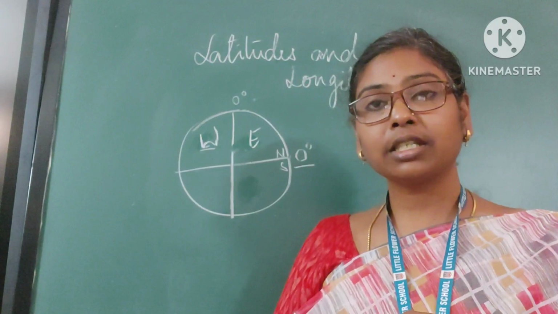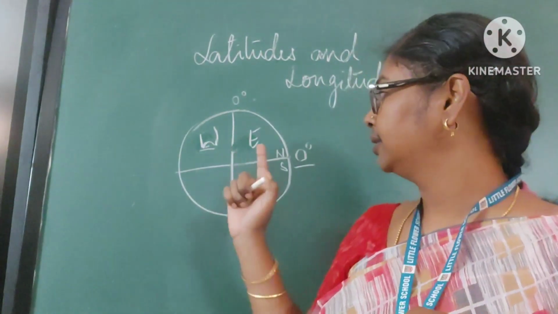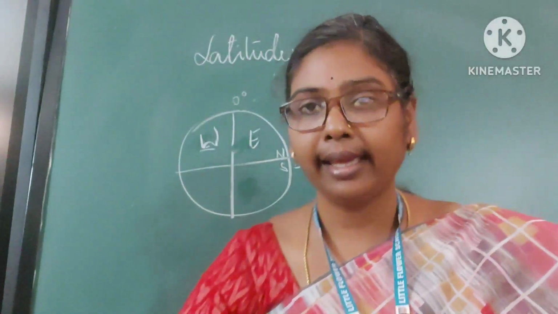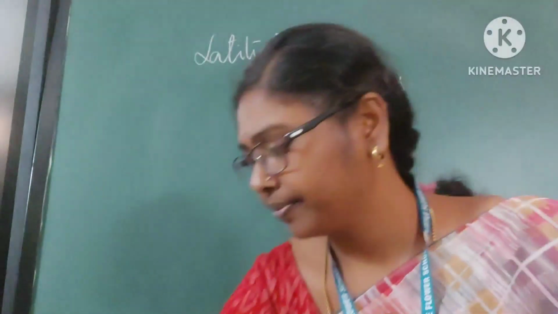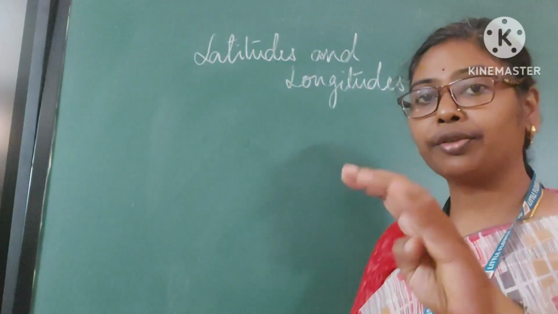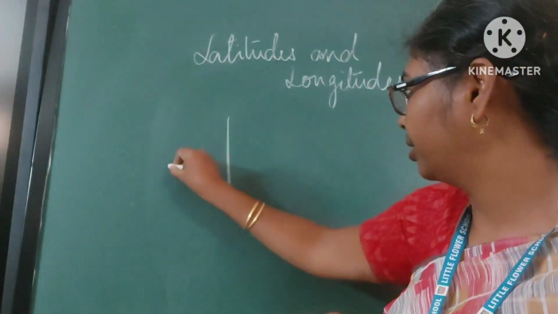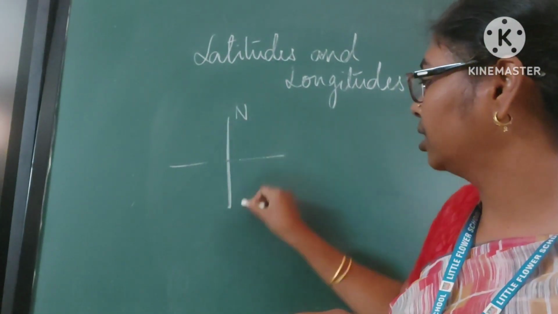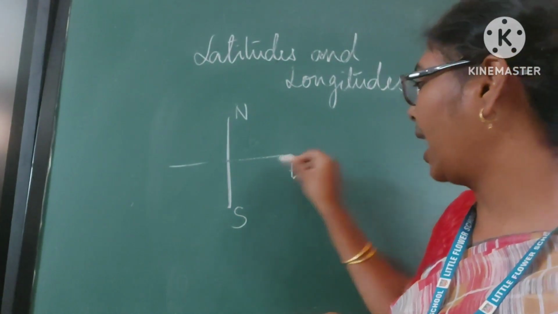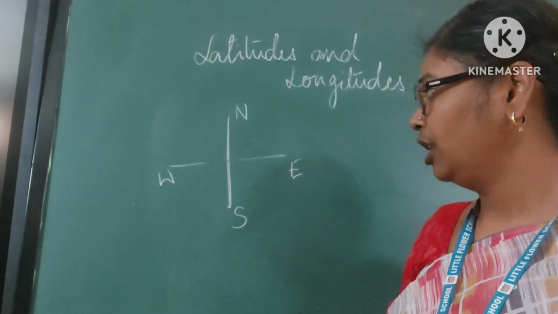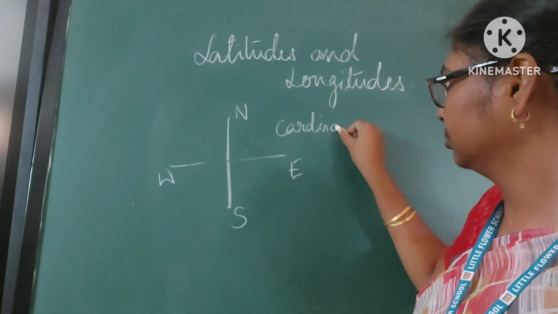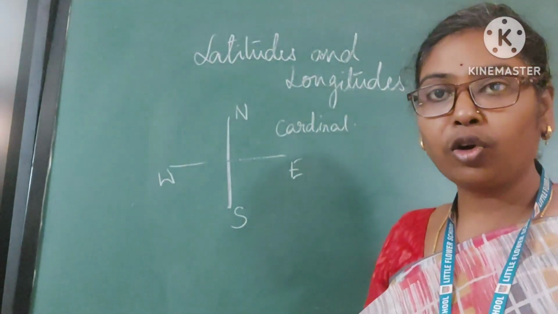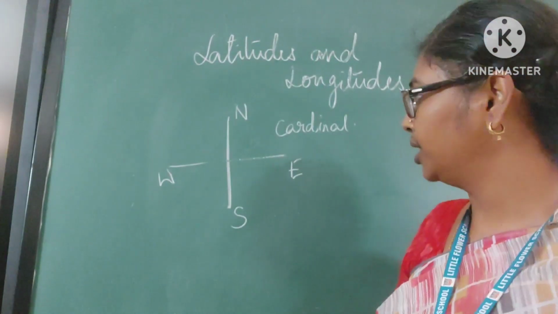And what helps us to locate the places on the map is the directions. So all of us know the 4 directions: the north, south, east and west directions. These are known as the cardinal directions.